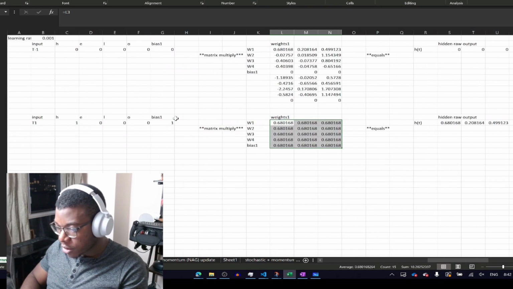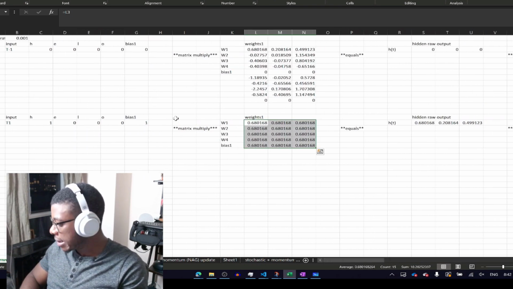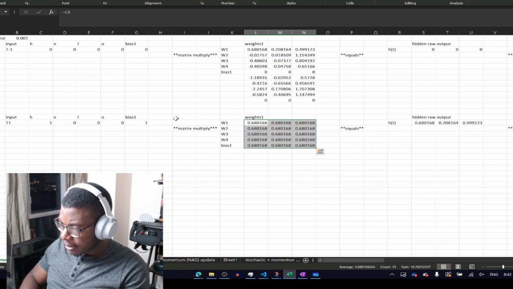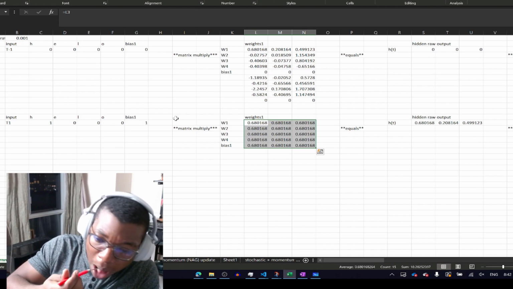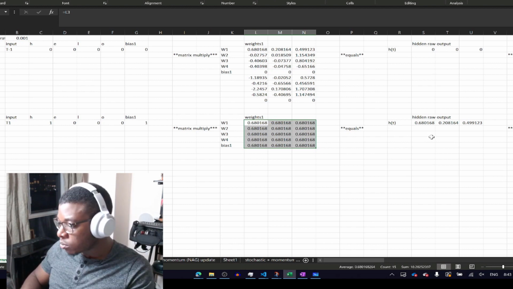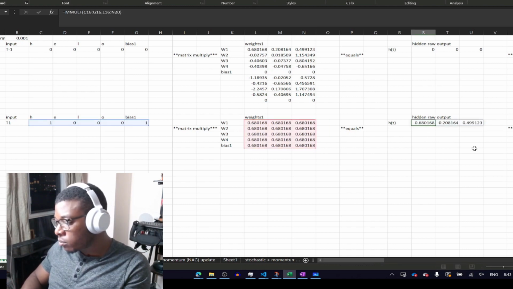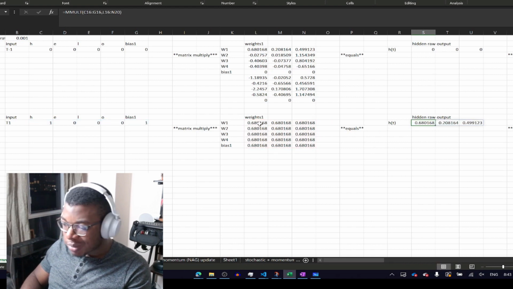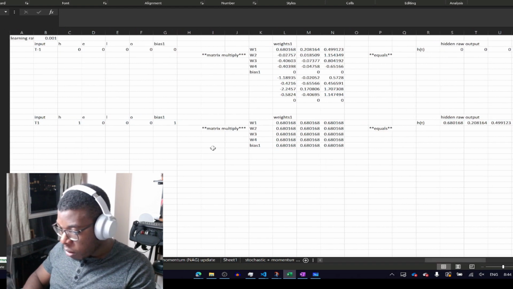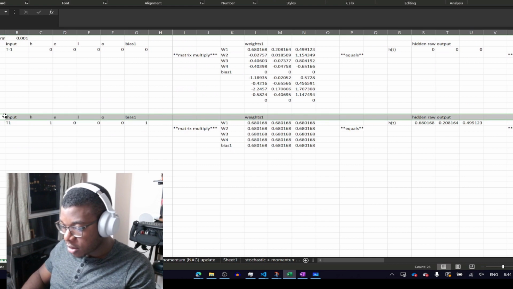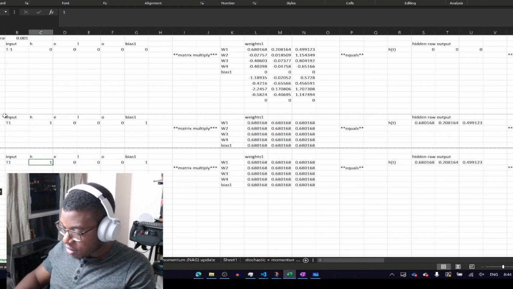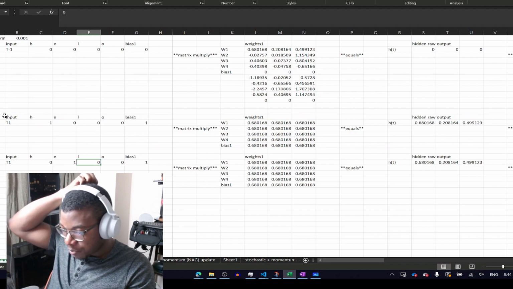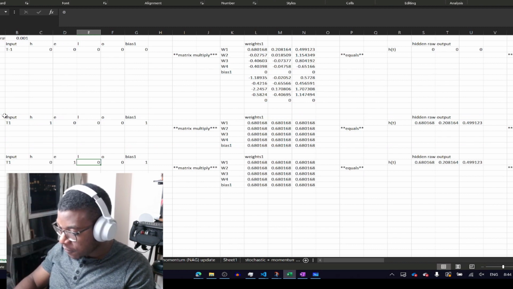Wait, so why don't I just do this instead? Why am I copying over the weights for? Oh, you know what, who cares? That's such a small detail. I'm not gonna let myself get derailed by something ridiculous like that.